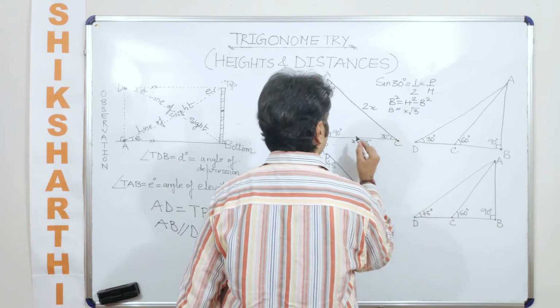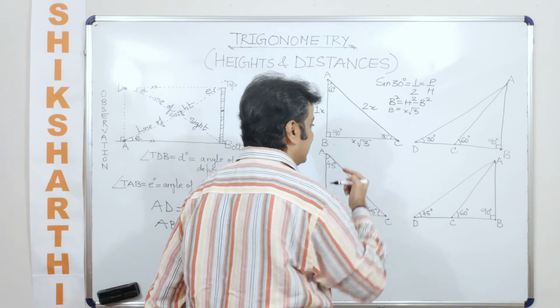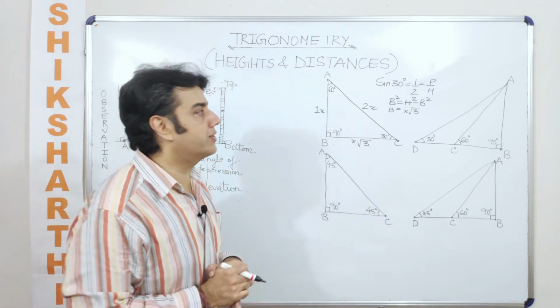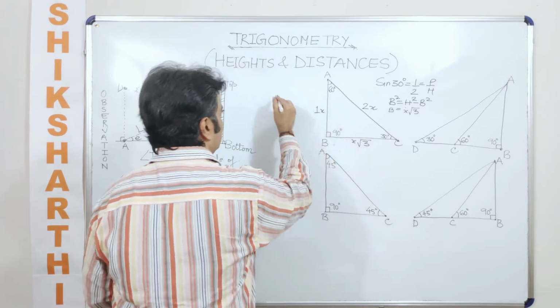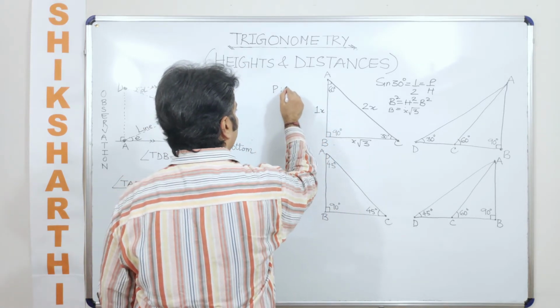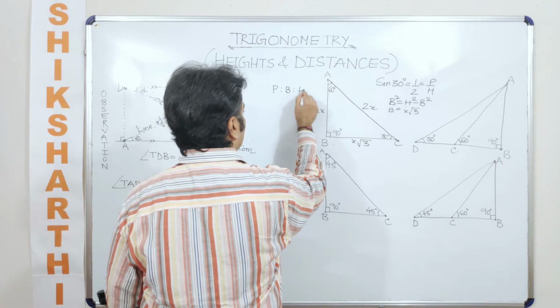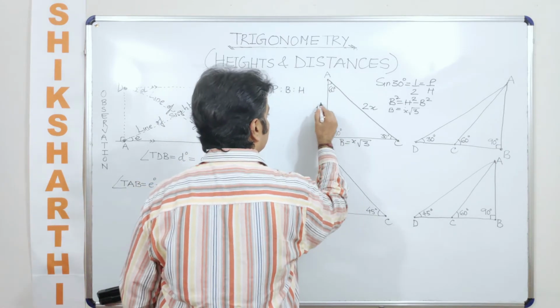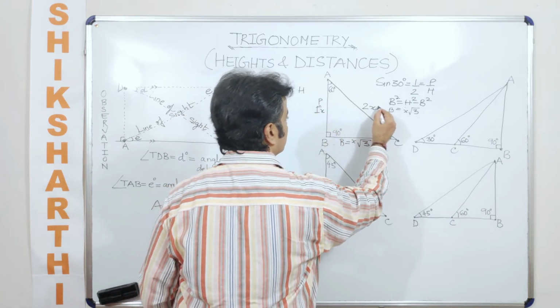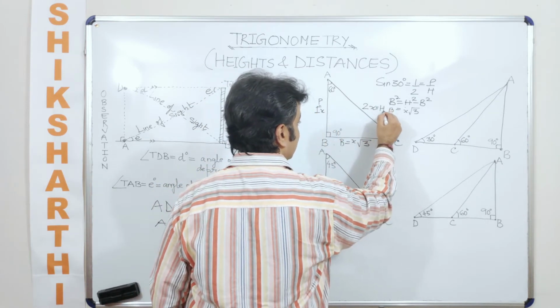So whenever I come across a 30, 60, 90 orientation of a right angled triangle, I can just use these values. And when I say use these values, I am basically talking about P, B, H: perpendicular, base and hypotenuse.